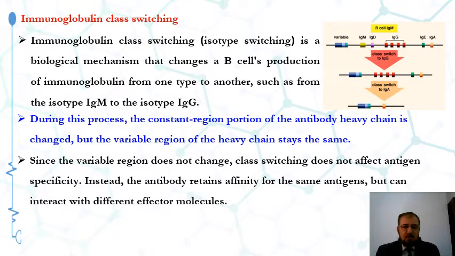To do so, the B lymphocyte changes the constant region of the antibody heavy chain, but not the variable region of the heavy chain. The variable region stays the same with no change. In this way, the antibody retains the same specificity.